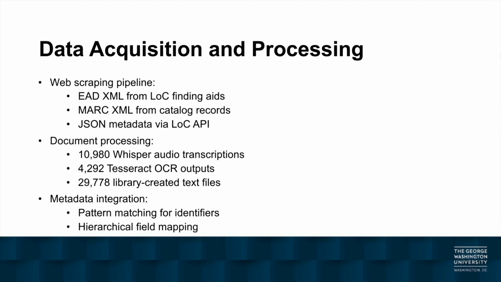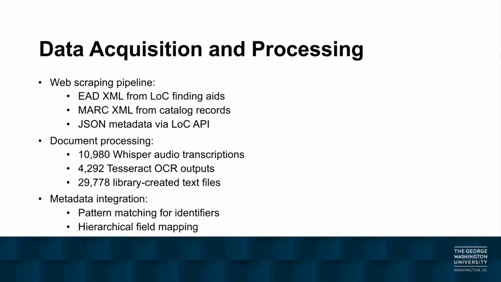There were a lot of them, as you can see. So once we had audio and video files for things like oral histories, folk recordings, what have you, we used OpenAI's Whisper large model to transcribe them, which gave us nearly 11,000 machine-generated transcripts.